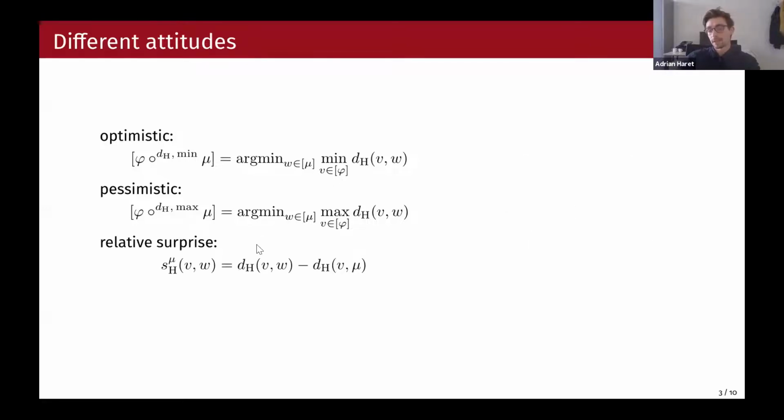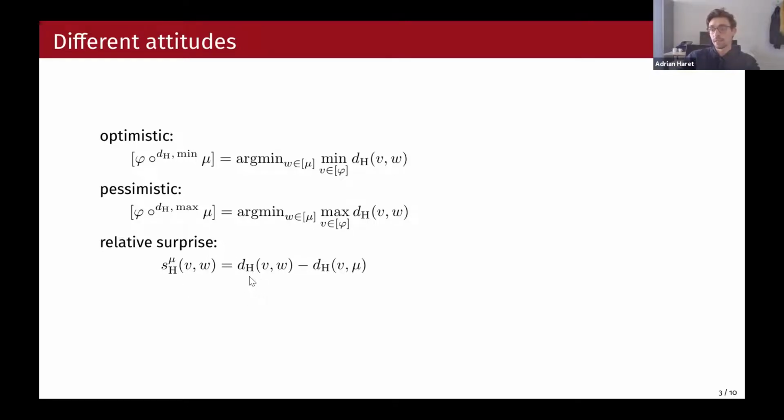And in this paper, I want to suggest another notion, another way in which you can do this, and it's what I call relative surprise. So this starts by first defining the notion of surprise based on notions of distance. This is a notion that is based on Hamming distance, but it also takes into account the context of the new information that you get.